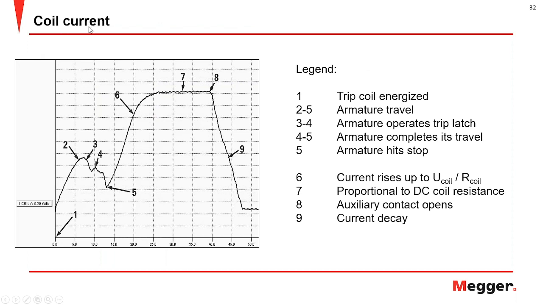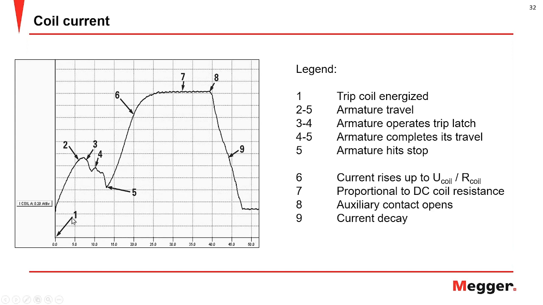The coil current measurement. So during the circuit breaker operation, the circuit breaker analyzer will automatically record the close and open coil current as parameters, and that is done by recording the entire current curve.